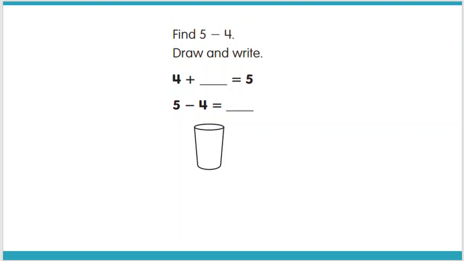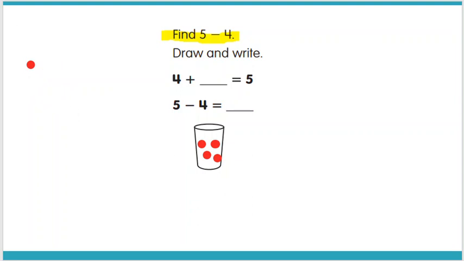This one says draw 5 minus 4. Draw and write. Okay, so let's go ahead and get our 5 counters. So here's our 1, 2, 3, 4, 5 counters. And I'm going to place 4 of those counters in this cup. So I want to take 1, 2, 3, 4, put it in the cup, and delete those 4 away from that.